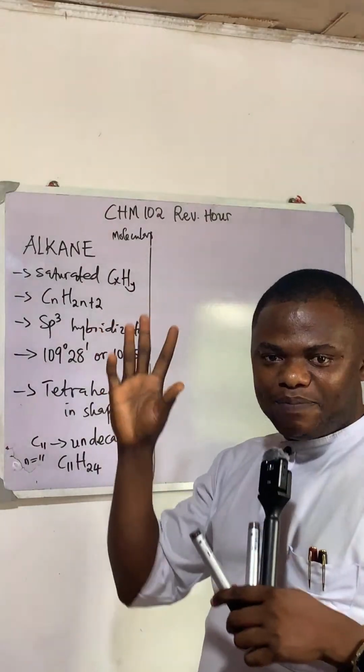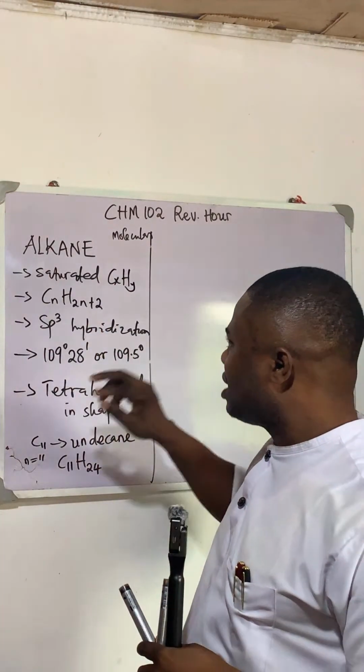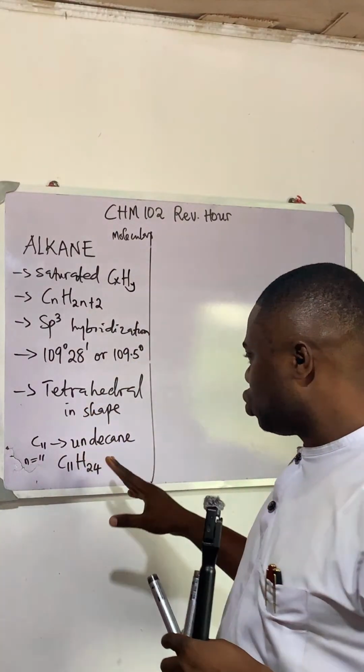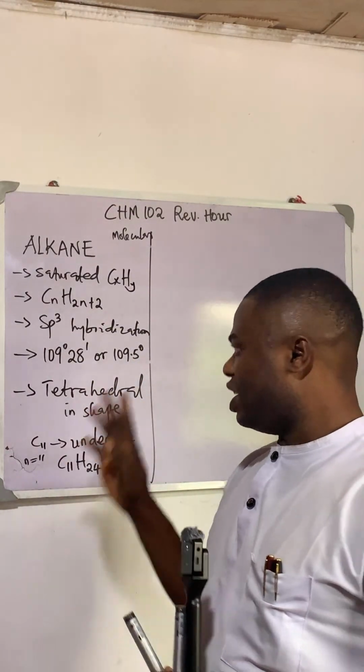Empirical formula is the simplest formula that shows the relative number of participating atoms in a given compound. I'm going to show you their relativity as we proceed.